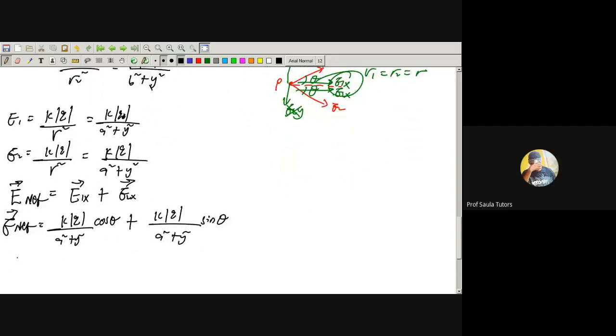So my final answer here, the net, will be equal to kq over a square plus y square, then cos theta plus sine theta. That will be the question. A and B are equal.